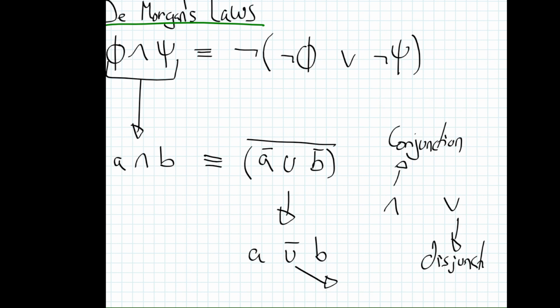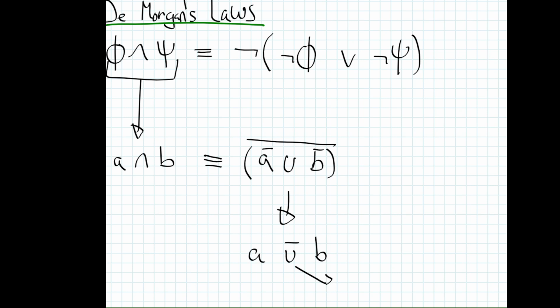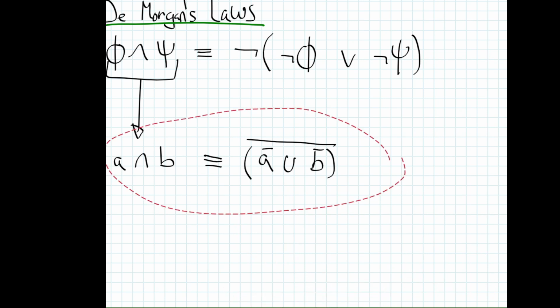Okay, so that established, what happens here is that the a variable transforms from negated conjunction into negated disjunction into a conjunction with b. That's what's happening. Okay, so De Morgan's laws, right?